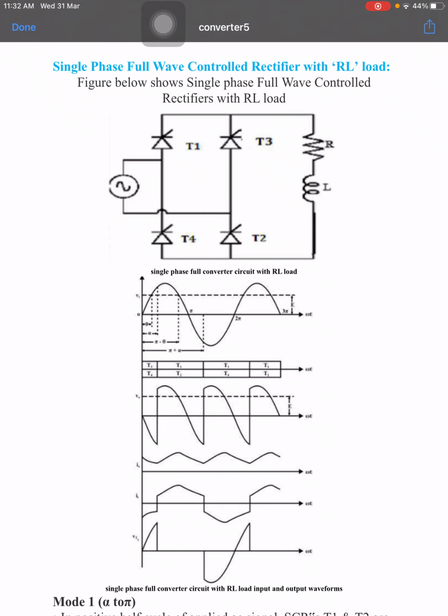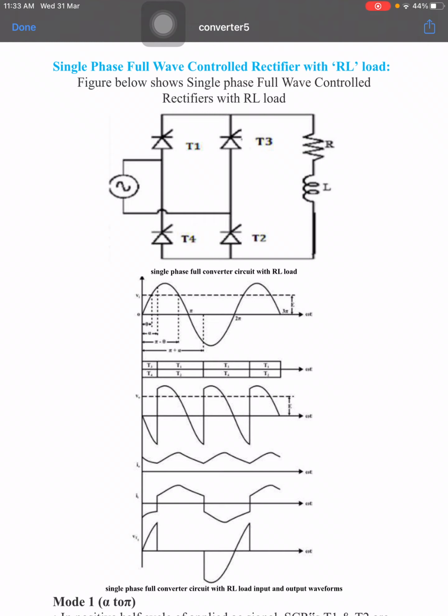At omega t equal to pi plus alpha, the SCRs T3, T4 are turned on, then automatically T1, T2 are reverse biased. From pi to pi plus alpha, T1, T2 on, T3, T4 off. From pi plus alpha to 2 pi, T3, T4 on, T1, T2 off. Means the conduction is transferred from T1, T2 to T3, T4.